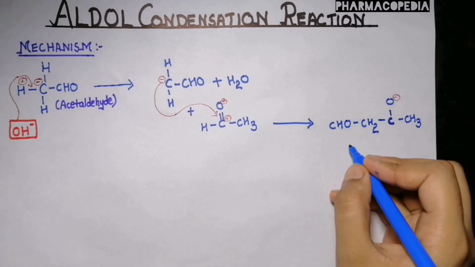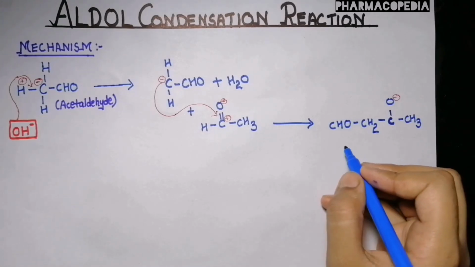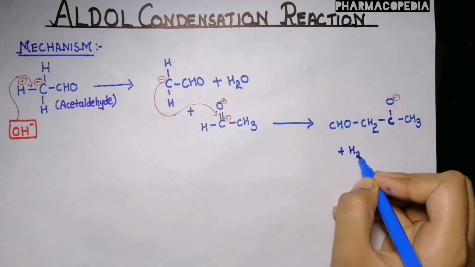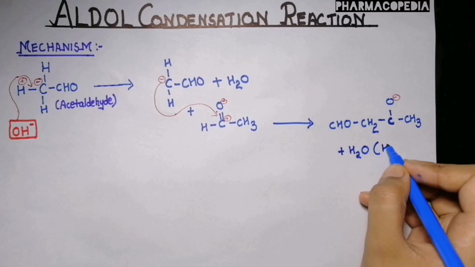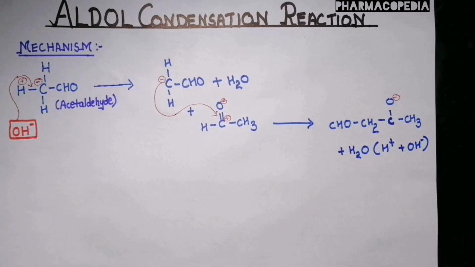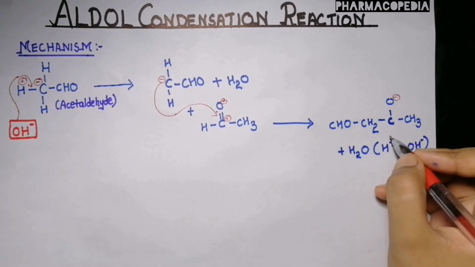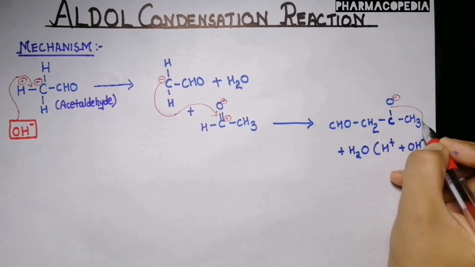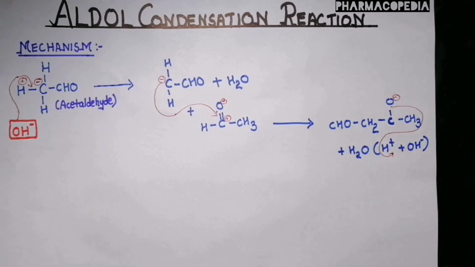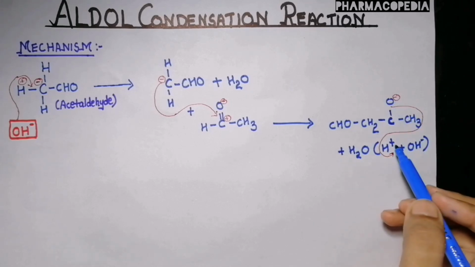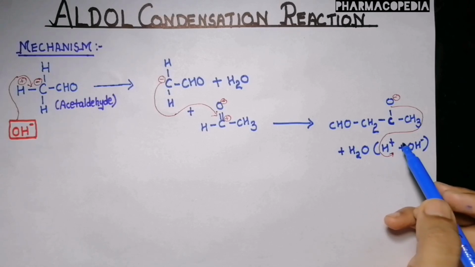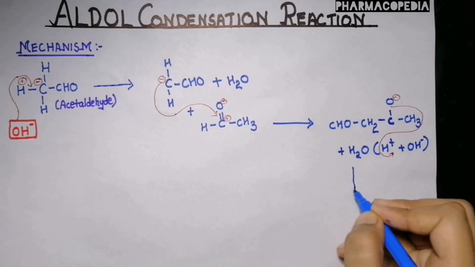Now, in the presence of water, because water acts as a solvent, and we know that water consists of H plus and OH minus ions, it is clear that this H plus will be accepted by this oxygen, because oxygen has a negative charge and so it is always in search of a positive charge. तो ये positive charge उसको कहाँ से मिलेगा? Water से मिलेगा, और फिर उसके बाद में ये क्या बना लेगा?